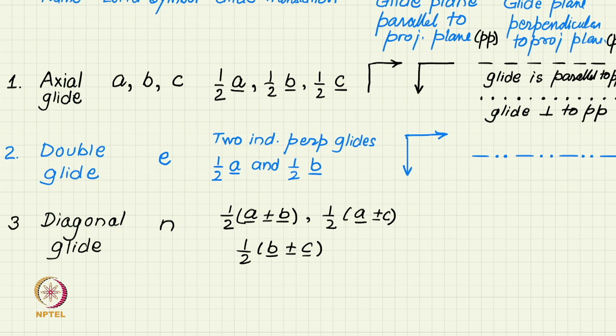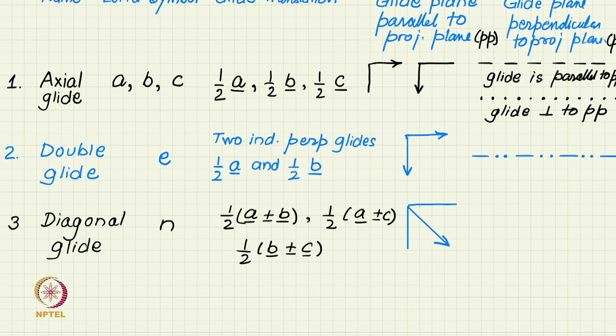The graphical symbol for a diagonal glide plane parallel to the projection plane is to use these two perpendicular lines, but then draw the arrow in the diagonal direction. So this represents the diagonal glide.